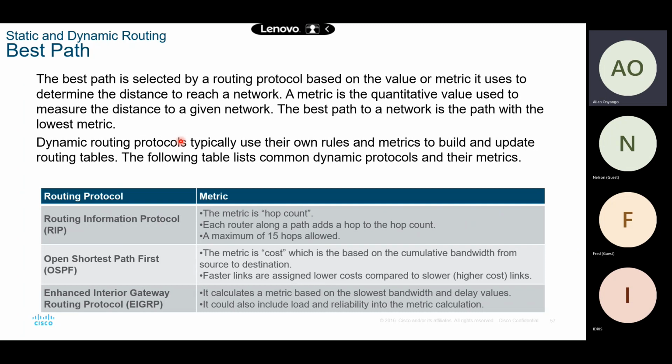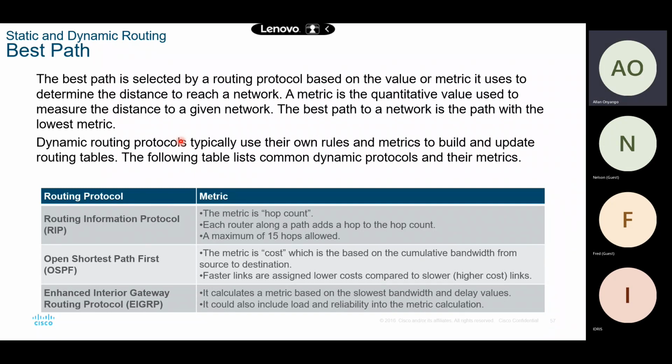And so looking at, for example, RIP, the Routing Information Protocol, its metric is hop count, like how many routers along the way to reach the next network. Okay, and only up to about 15 hops are allowed with this protocol. So RIP is only used in smaller networks.